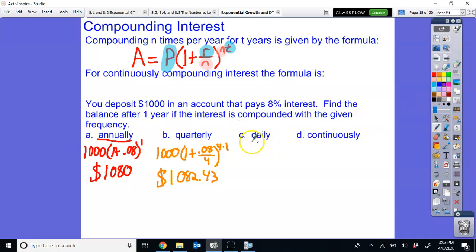All right, so the next one here says daily. Same concept. We're going to take 1,000, 1 plus 0.08 divided by 365 days in a year, and multiply the 365 times the time of 1.